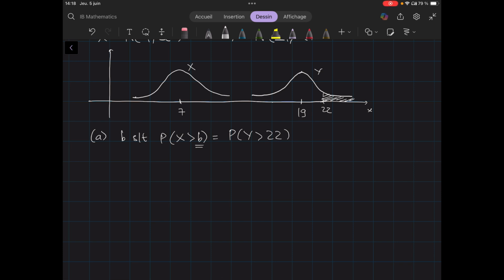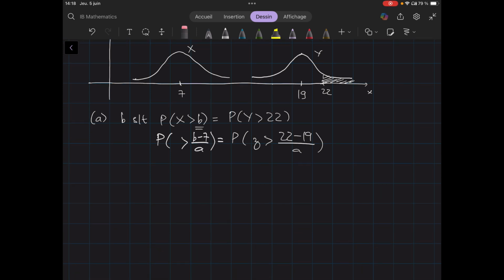So we can normalize this, right? If we normalize Y, we would get P of Z greater than (22 minus 19) over a. If we normalize on the left hand side, we would get P of Z greater than (b minus 7) over a.